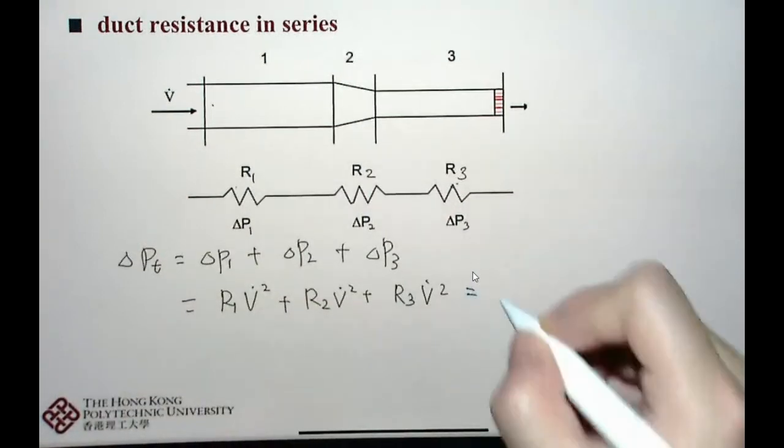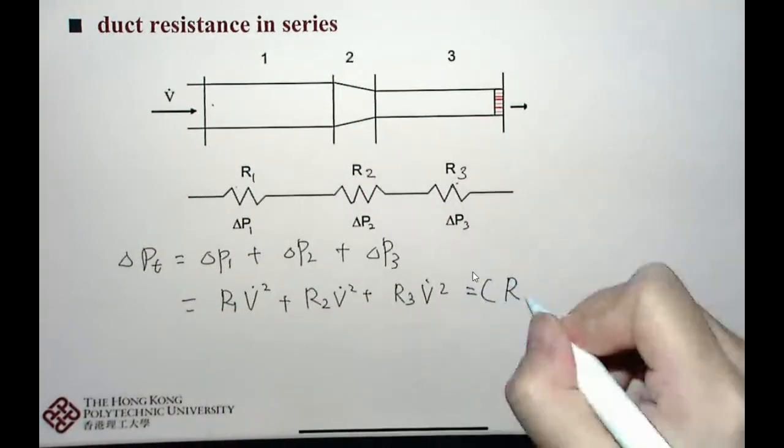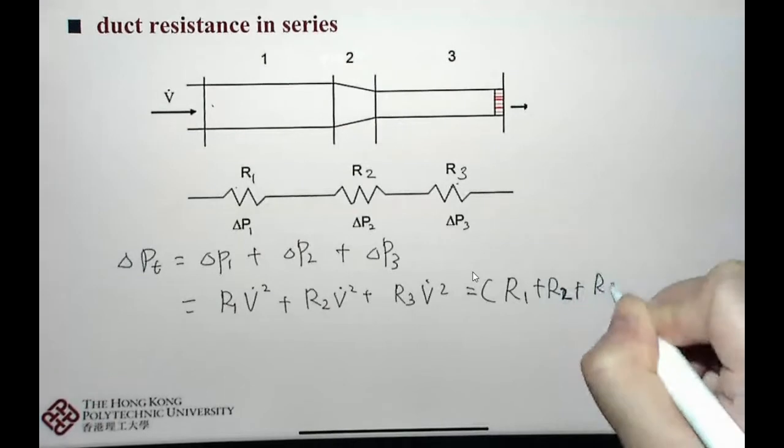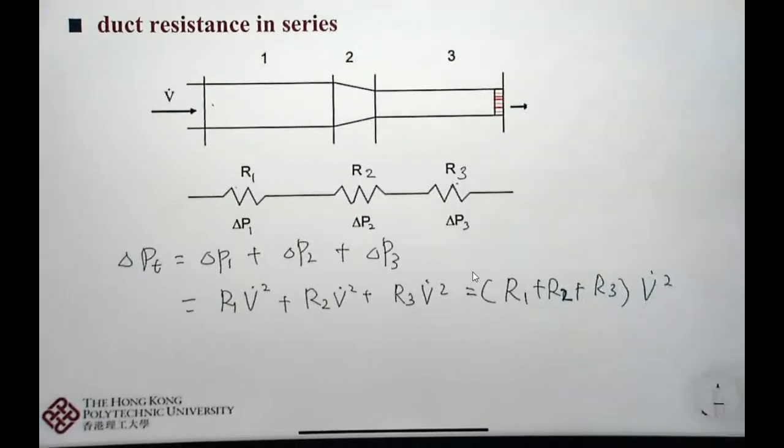So we can add them together: R1 plus R2 plus R3 times the square of the flow rate.